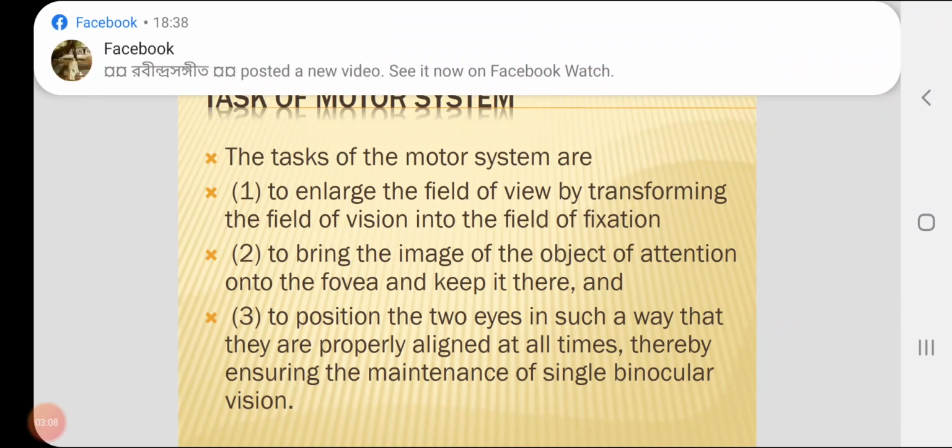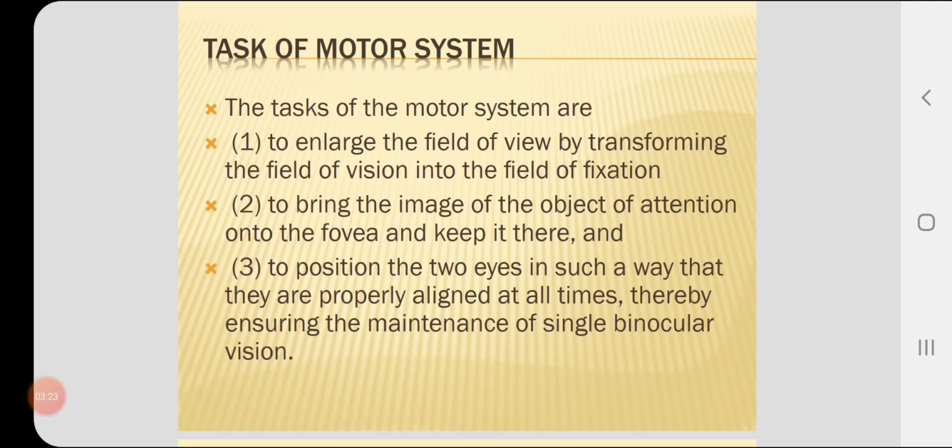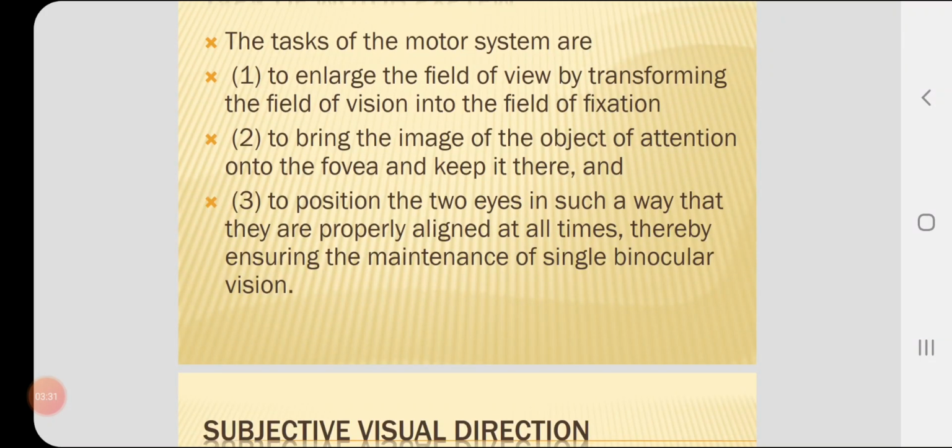That is the task of our eyeball, to make the object visible within our visual system. It also brings the image of the object of attention onto the fovea and keeps it there. It also positions the two eyes so that they are properly aligned at all times, thereby maintaining single binocular vision.